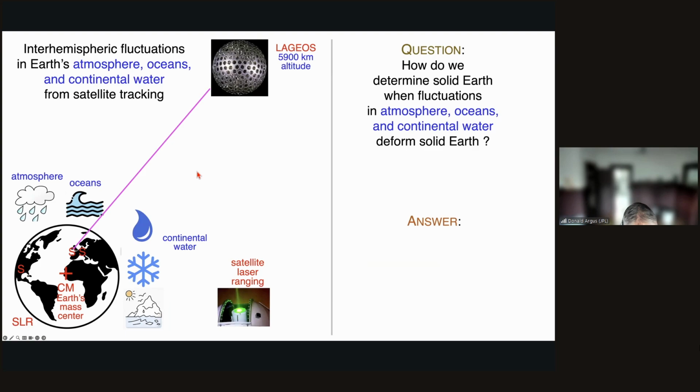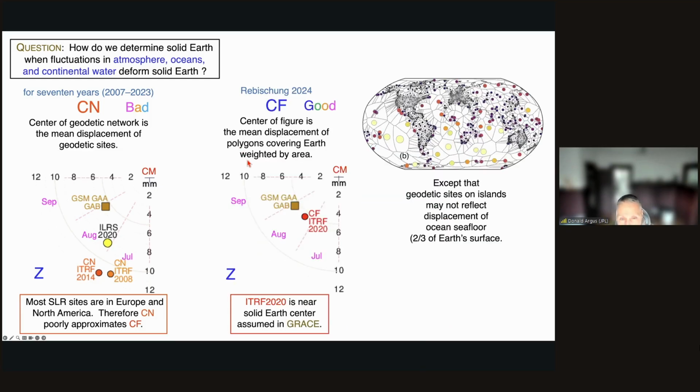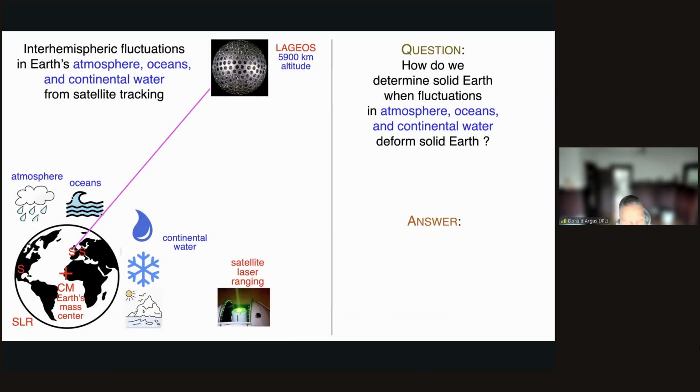So we can compare this estimate to the value GRACE scientists assume movement of total atmosphere, oceans, and continental water to be. The big question is, how do we define solid Earth on the basis of laser sites on Earth's surface?